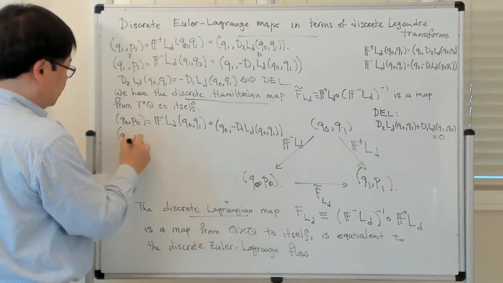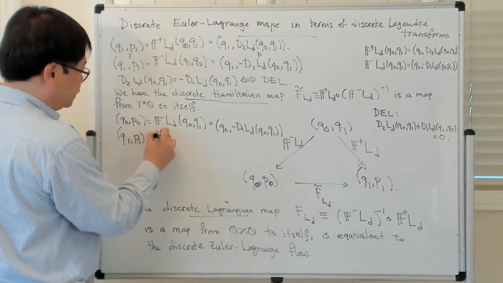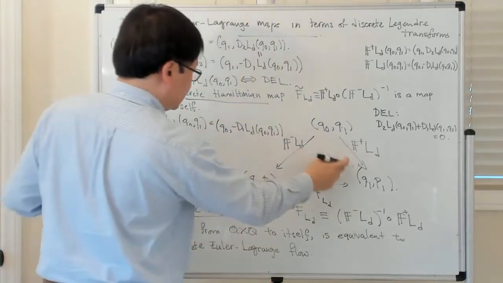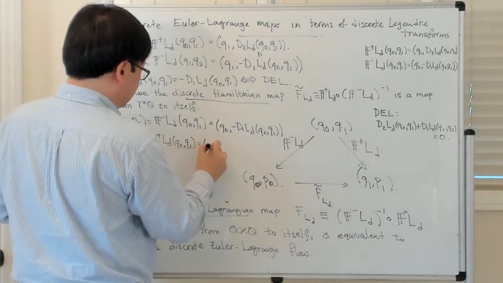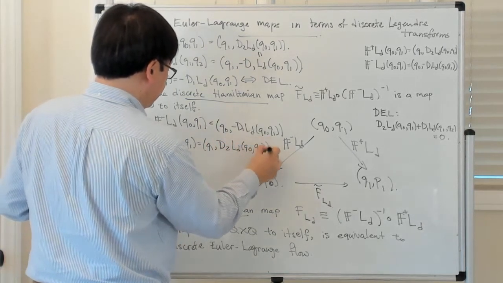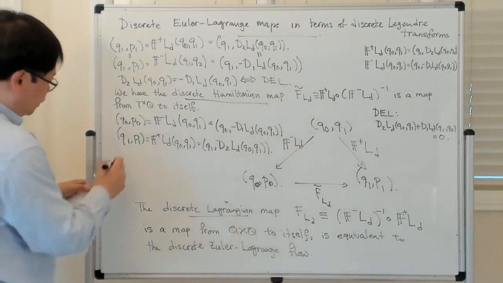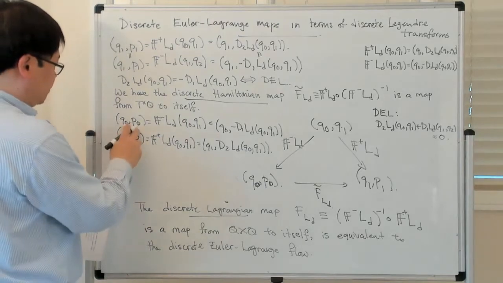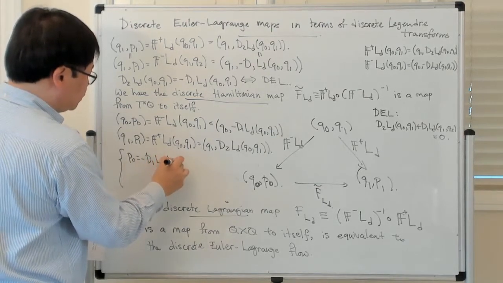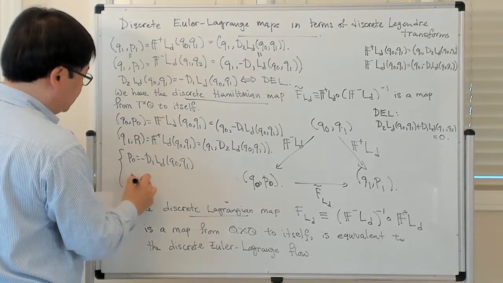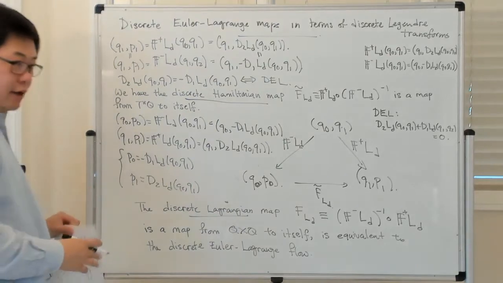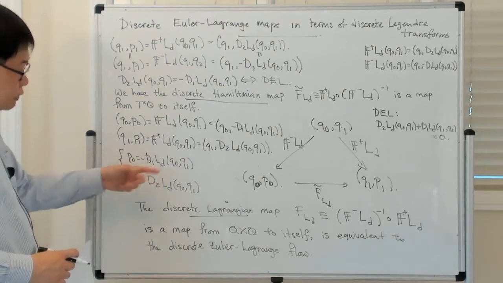Then (q1, p1) is F plus LD of (q0, q1), which is this relationship, so this is (q1, D2 LD(q0, q1)). Those two conditions together give me this system of equations: p0 is equal to minus D1 LD(q0, q1), and p1 is equal to D2 LD(q0, q1). And this implicitly defines a map from (q0, p0) to (q1, p1).